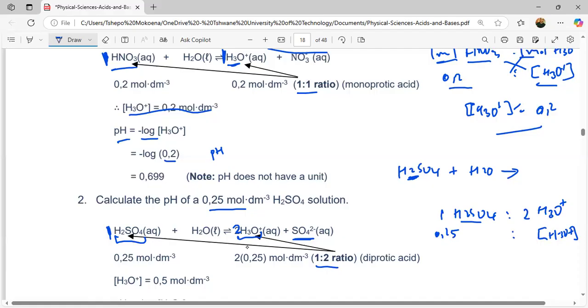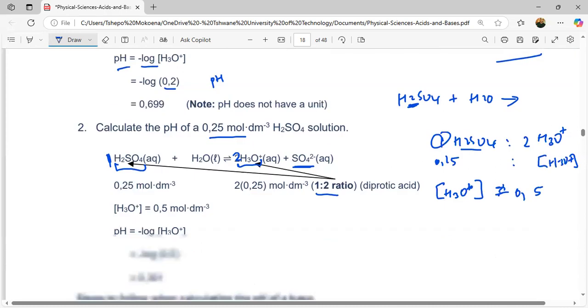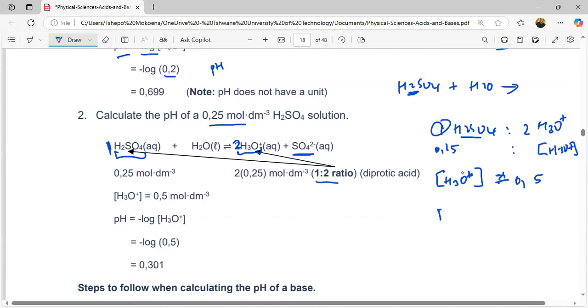Then we cross multiply: 1 multiplied by that one, and 0.25 multiplied by 2 gives 0.5. From here, we can calculate pH using negative log. You put your 0.5 over here, and you get your answer.